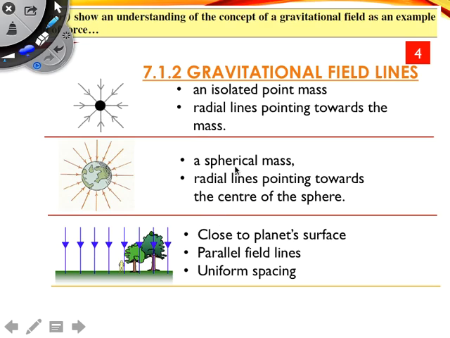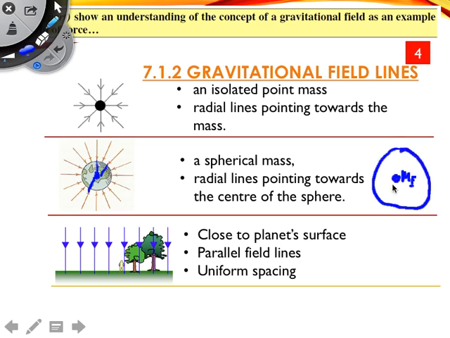If you have a spherical mass like this, we know Earth is not a point, but we can do this trick to assume. We assume that the source of Earth's mass is right at the center. If you extrapolate all the lines in, you notice that the lines will all intersect nicely at the center as well. It is as if Earth has a core mass here, the mass of Earth, surrounded by a big shell around it.